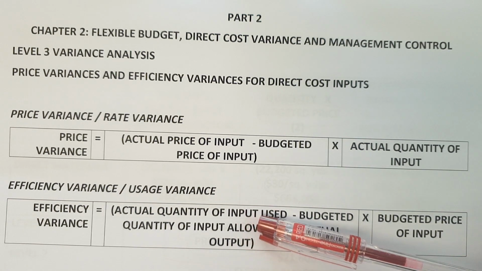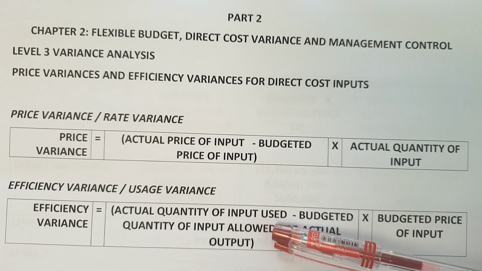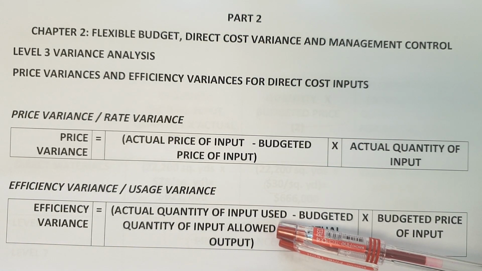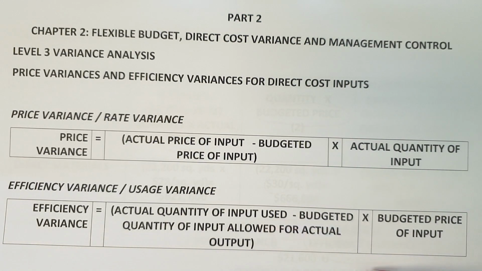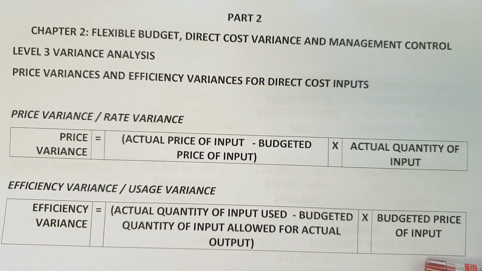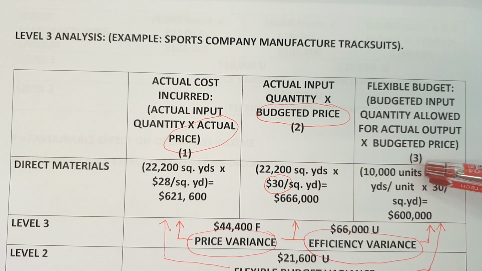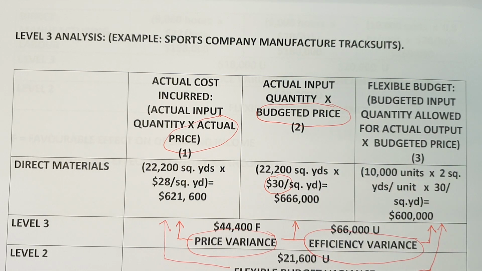This one is the actual quantity of the input that we use to produce our products, and we multiply it by the budgeted price of the input. So in column 2 and column 3, what makes the difference is actually the quantity.